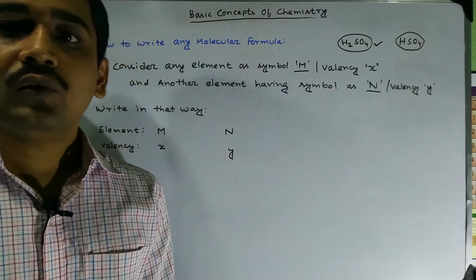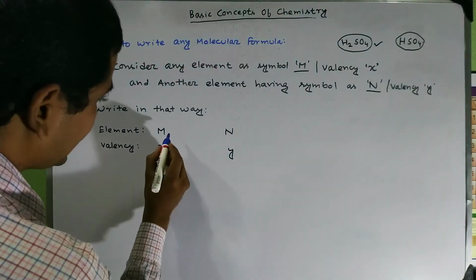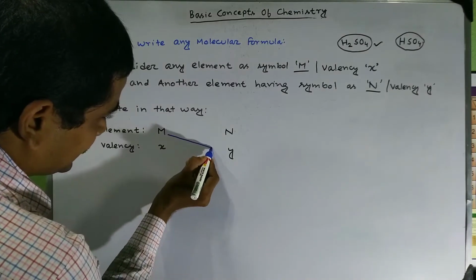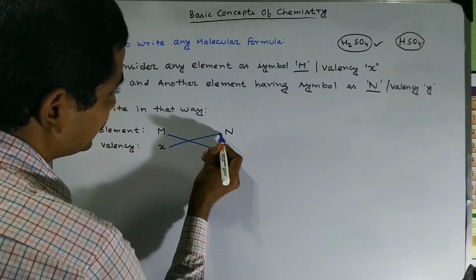Now what do we do? We just exchange the valency between the two elements. That is, M combines with this and N combines with that.